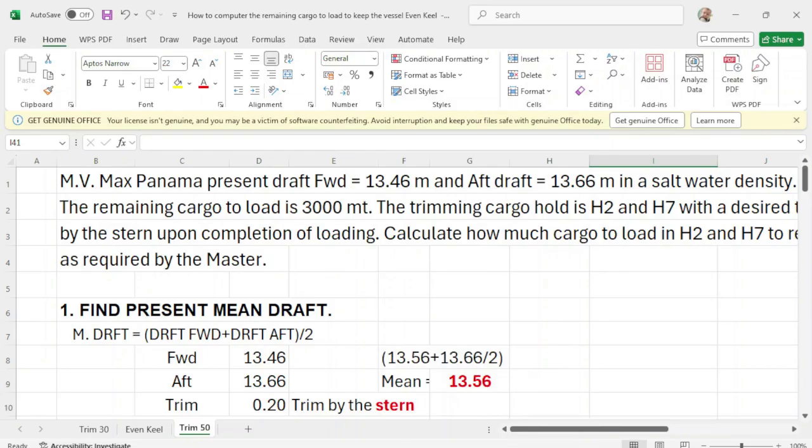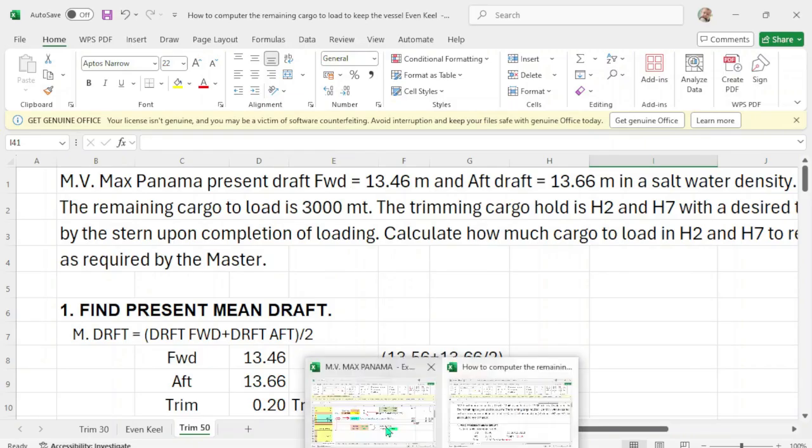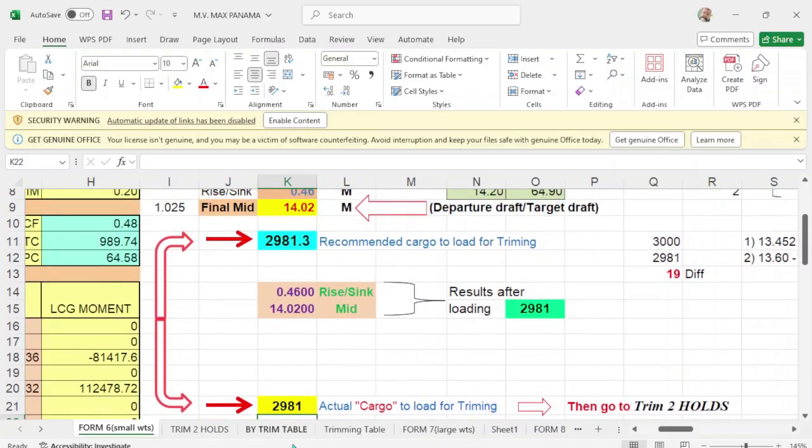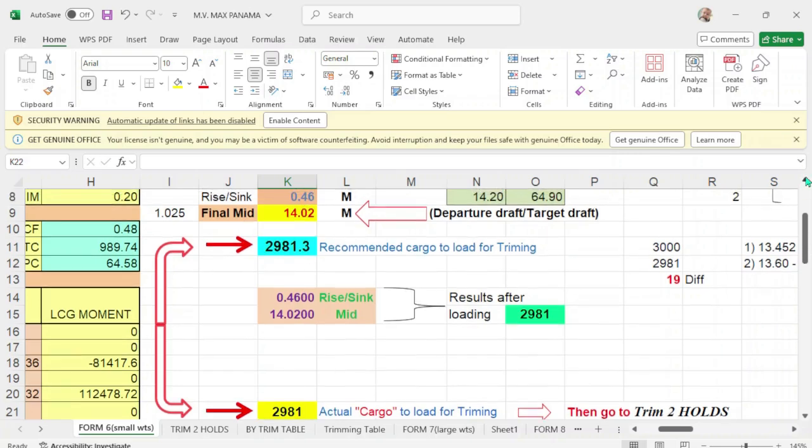So we put 3000. I made it this way because if you put this figure, after loading 2981, you will have exact figure or mid drop of 1402, and your sinkage is 46 centimeters, which is the same with this one. That's why I follow this figure as recommended by the program.